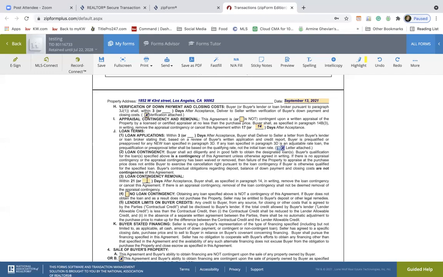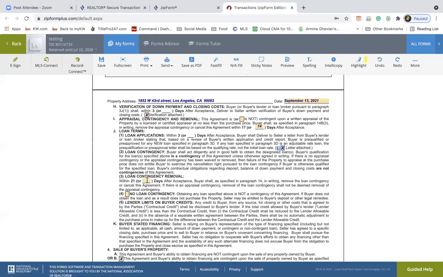So as a listing agent, I know most of the offers coming in nowadays have a 14 or 15-day loan contingency removal. I also know that a lot of buyers' agents will just write 12 or 14 days, but then they will come back and ask for an extension.